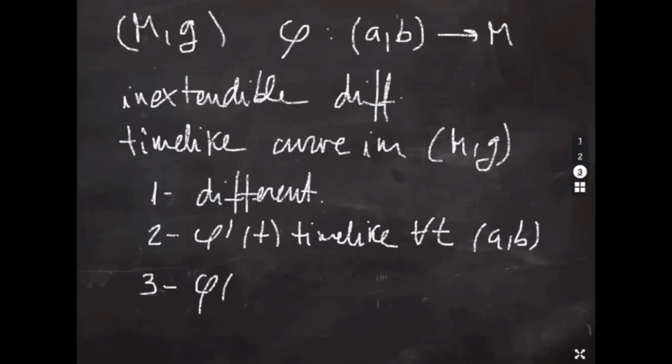Phi of t does not approach a limit as t is increasing to b or is decreasing to a, which I don't know how to write.